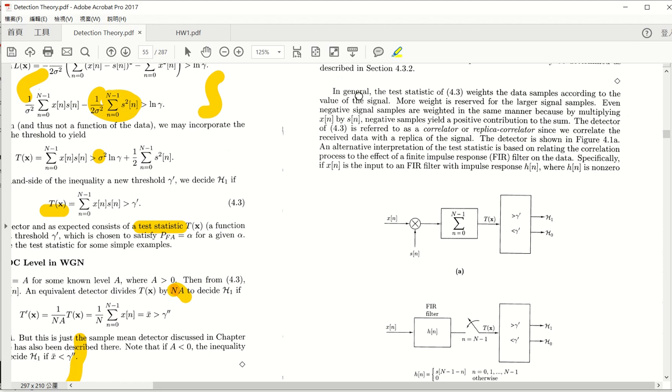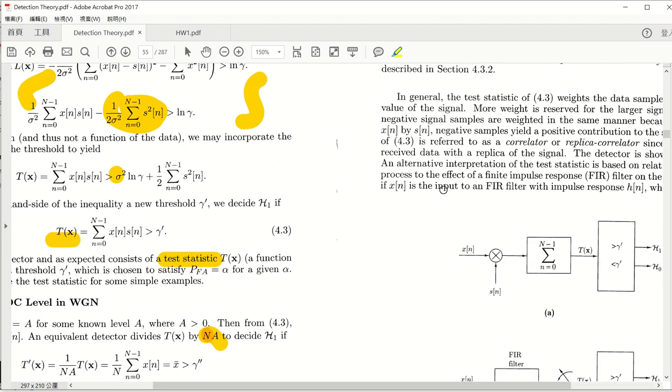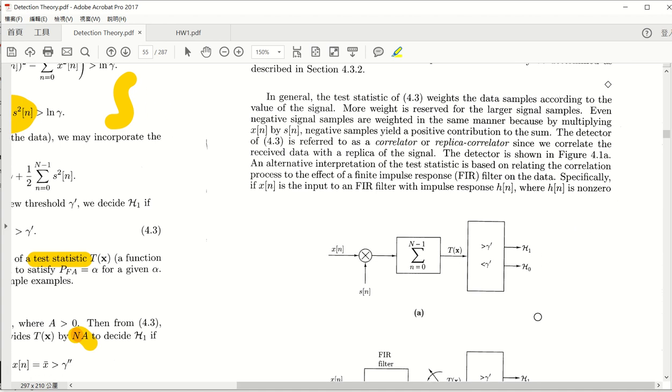Okay, so in general, the test statistic of 4.3 weighs the data samples according to the value of the signal. More weight is reserved for the larger signal samples. Even negative samples are weighted in the same manner, because by multiplying this by this, negative samples yield a positive contribution to the sum.